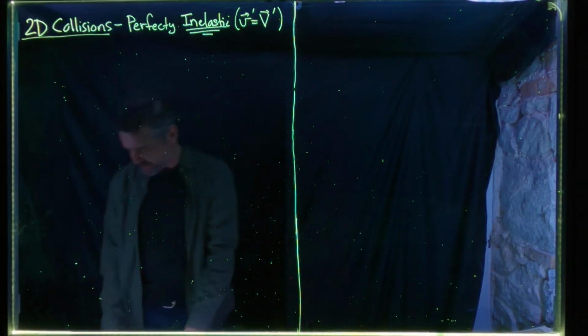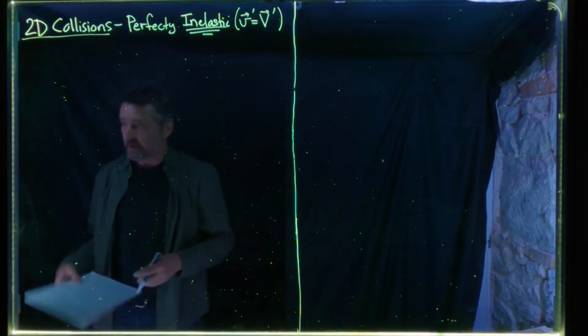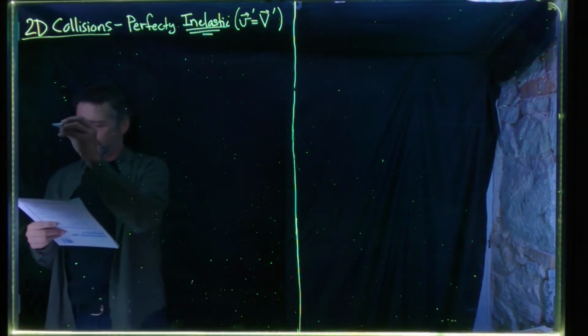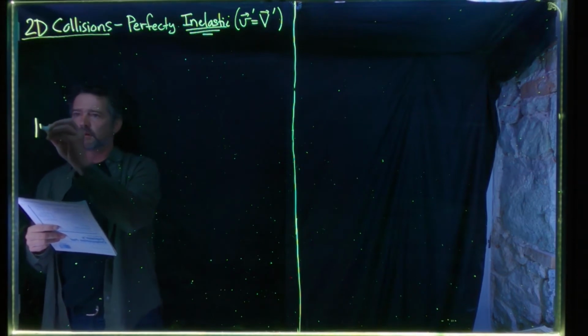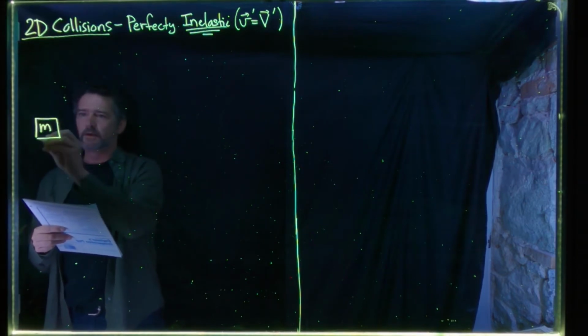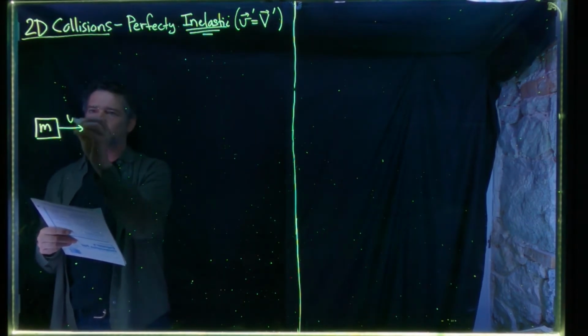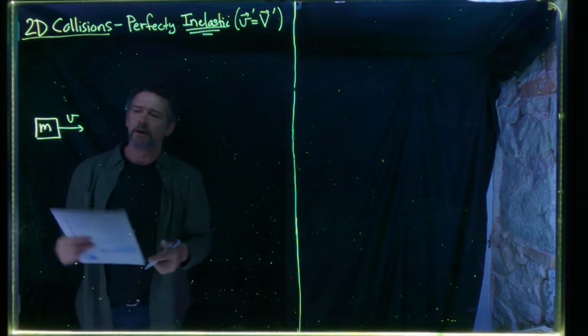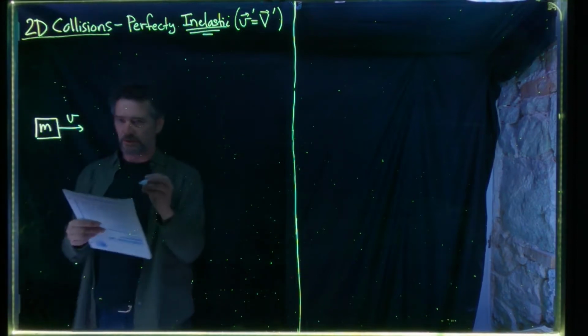Okay, so let me just sketch the picture first. So we have a car of mass little m, which is moving down the road like this with some unknown speed v to the right. And we have a second car coming like this, and there's an intersection here where there's going to be a collision.